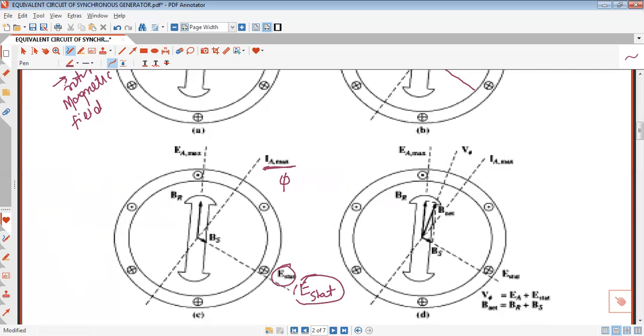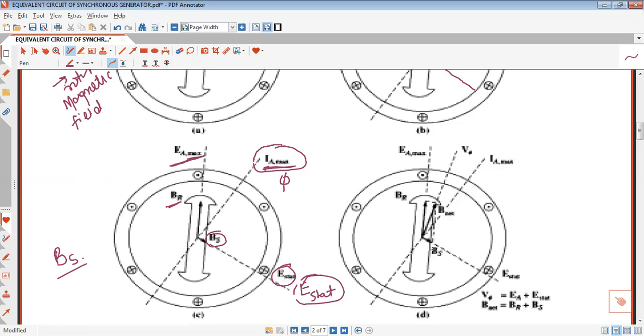So this stator has another voltage that is called E stat, and this is the voltage produced, in addition to the internal voltage due to BR, and in the same direction this BS magnetic field is the magnetic field produced due to this armature current, and this magnetic field is in the direction of the induced EMF E stat.